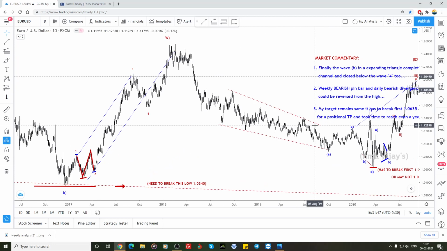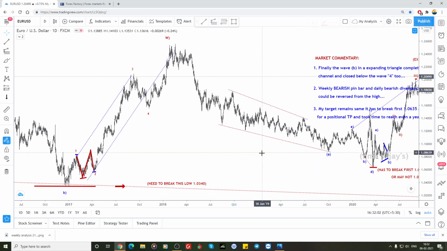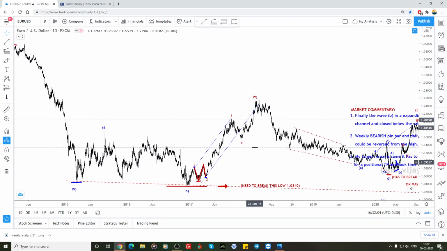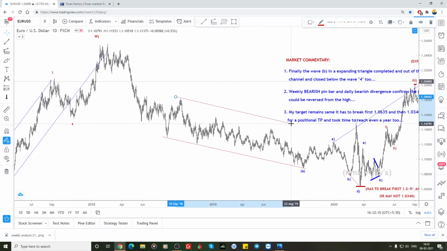Here it is making a wedge formation, and it already broke out of the wedge and is bullish. But what happened here? It's again the same formation, right? So these channel wedges, the wedge can become a channel also sometimes. I have shown you that.